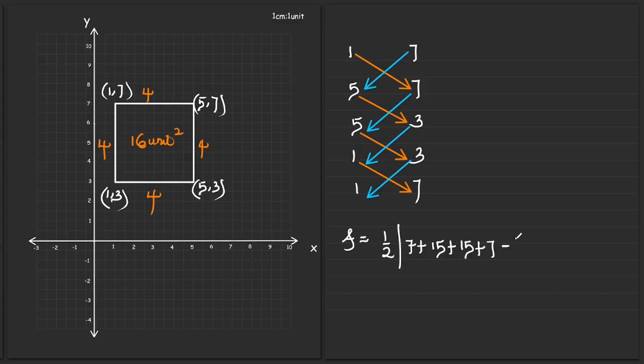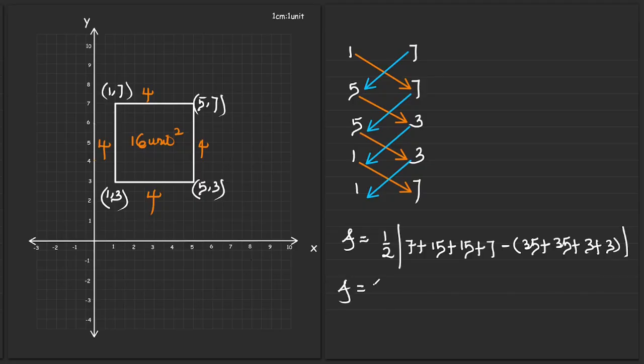Then minus 7 times 5, which gives us 35, plus 7 times 5, another 35, plus 3 times 1, which is 3, plus 3 times 1 again, another 3.